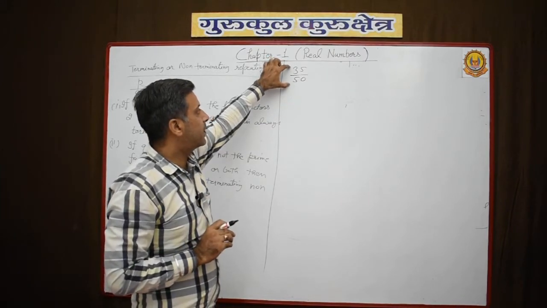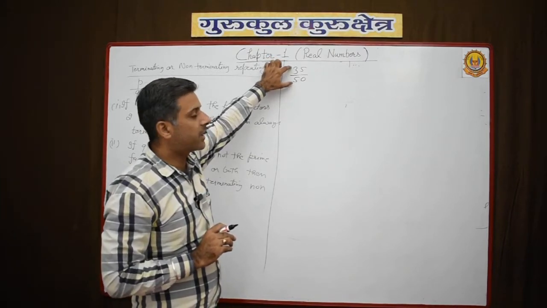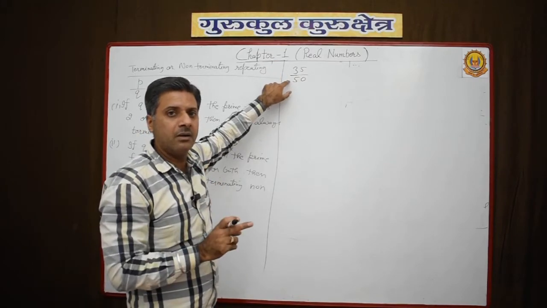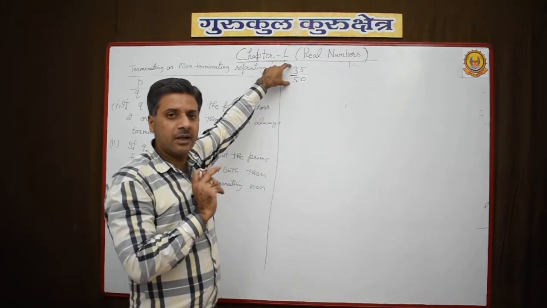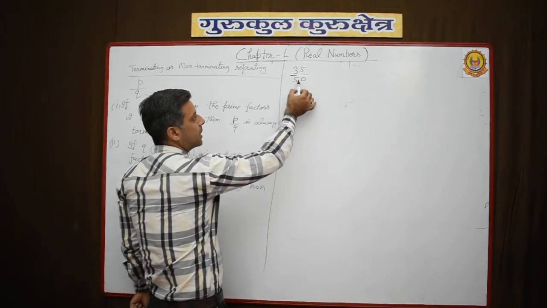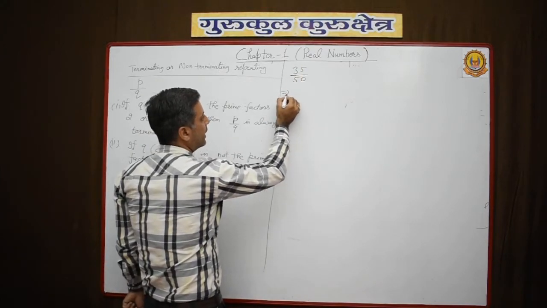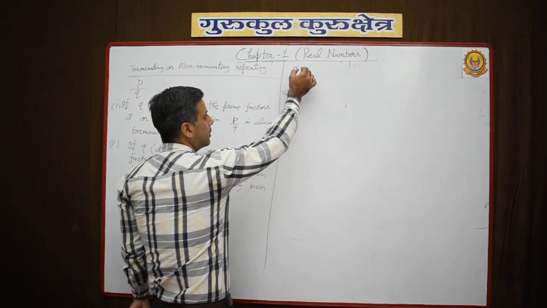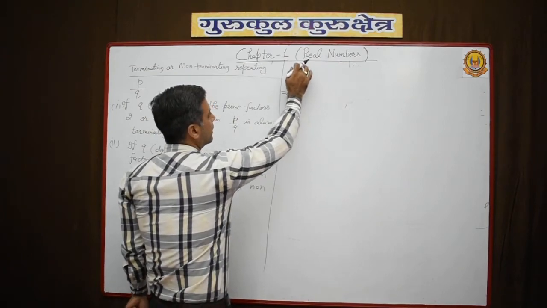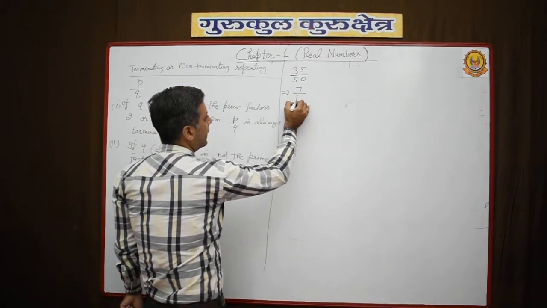If any common factor is there in both numerator and denominator, then you have to divide by that number. Here 5 is a common factor, so divide numerator and denominator by 5. So here I will get 7 by 10.